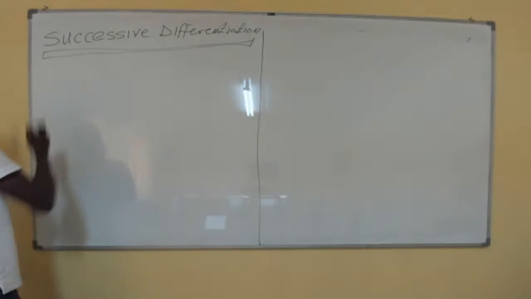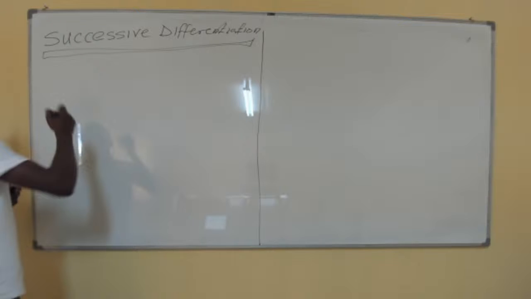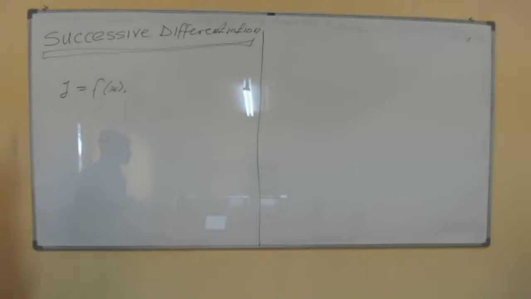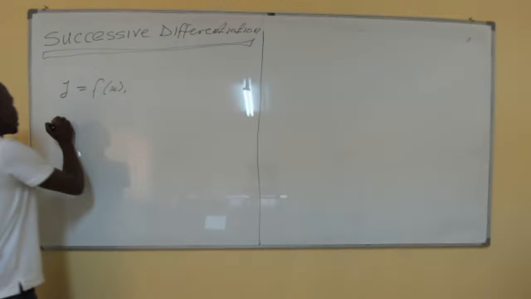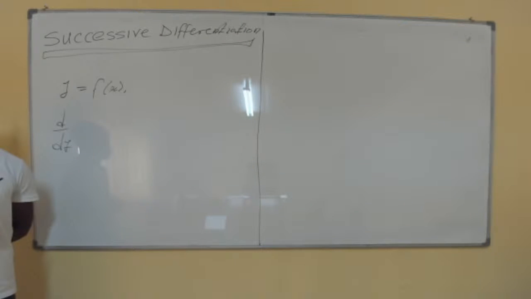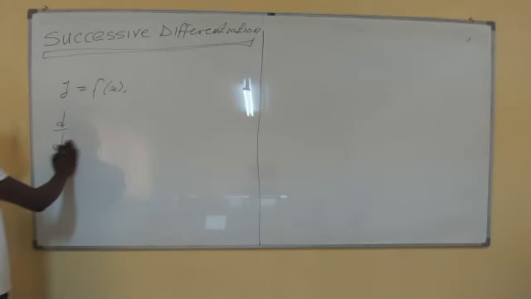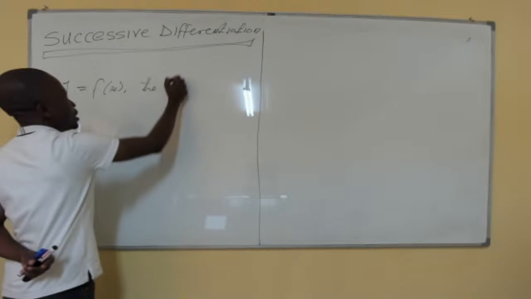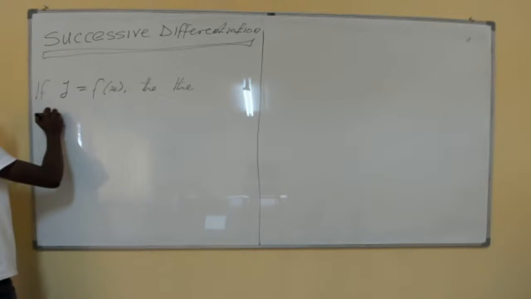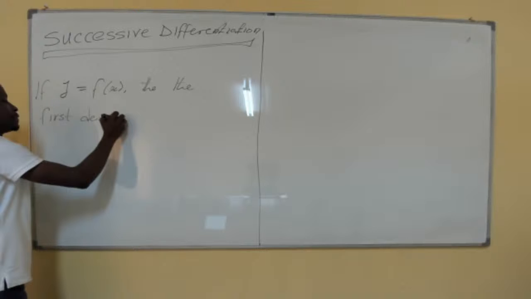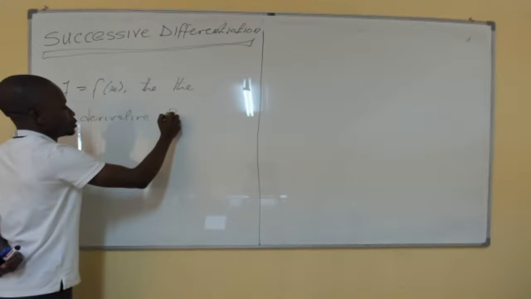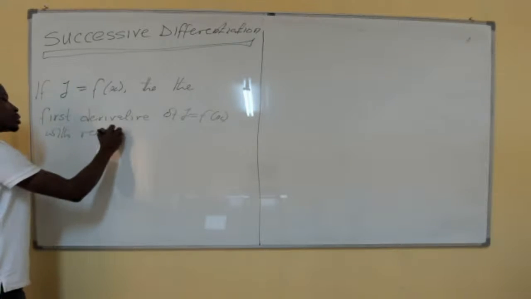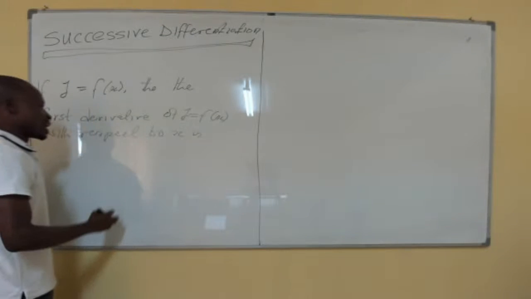Now, if you are given a function y equal to f of x, the first derivative of this function with respect to x is written as dy/dx, which we were finding. Or in function form, we write f prime of x. So this represents the first derivative of the given function y equal to f of x.